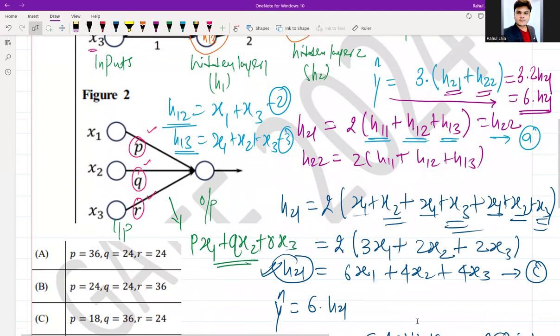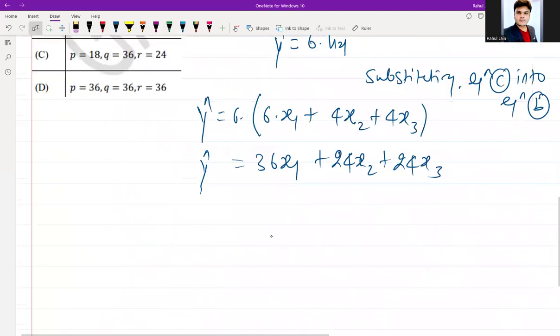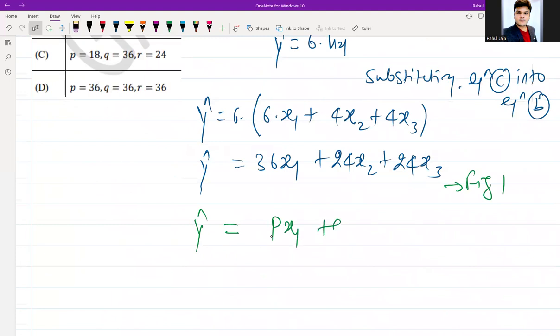And if both the neural networks in figure 1 and figure 2 are equal, then the y hat equation of figure number 1, and for figure number 2 it is P into x1 plus Q into x2 plus R into x3, that is y hat equation of figure number 2.